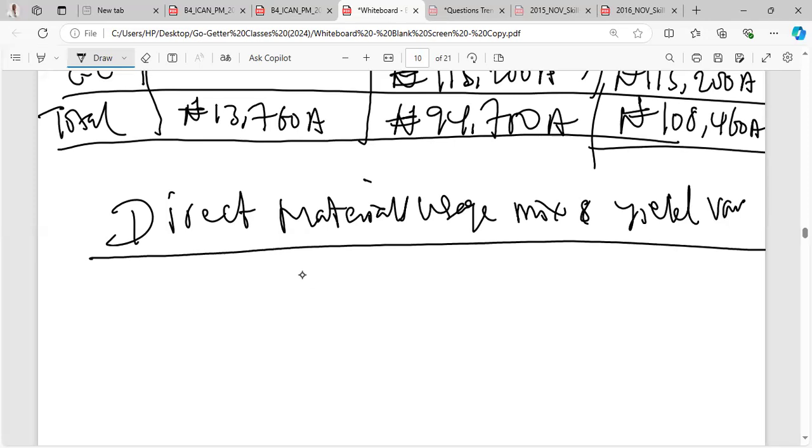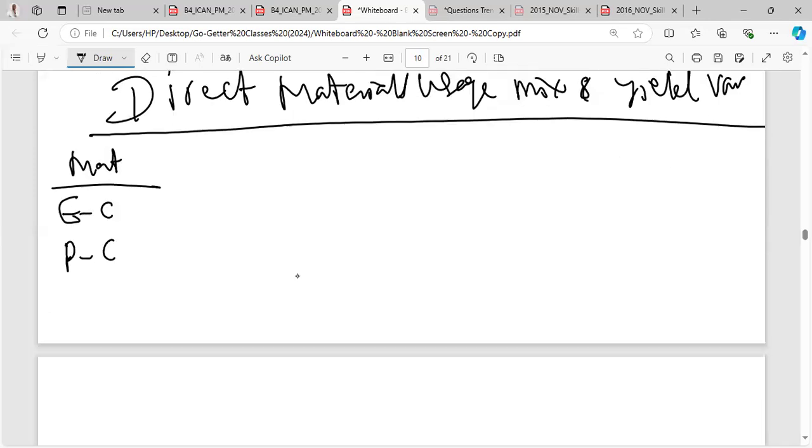All right, so we need to know our standard quantity. So we start here: material, EC, PC, BC, and CC.